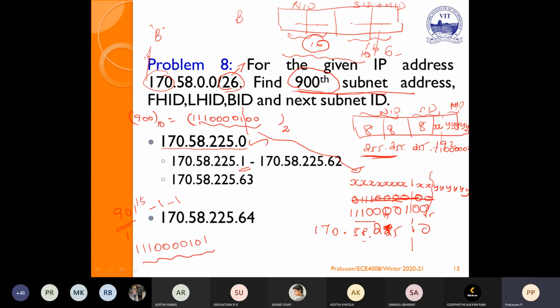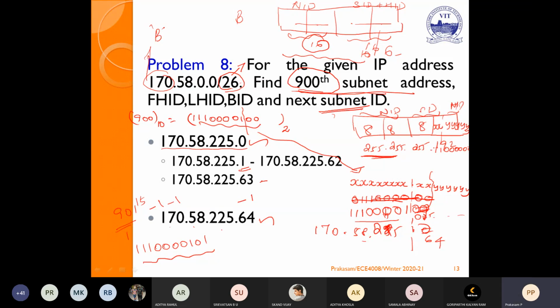In this value, I'm going to substitute the binary again instead of X. So only these two bits vary. So 0, 1, again all zeros. So this is 64. So 170.58.225.64 is the subnet ID for 901.